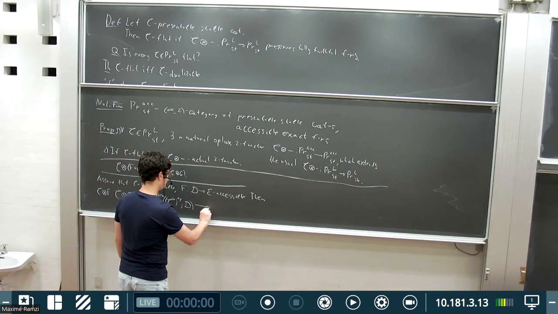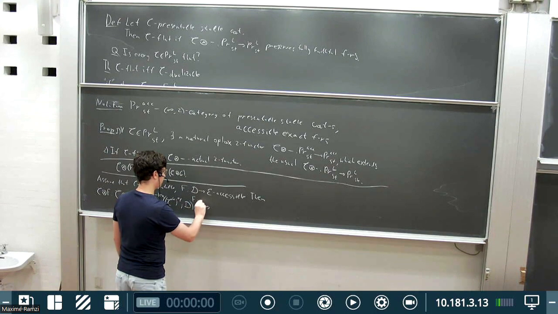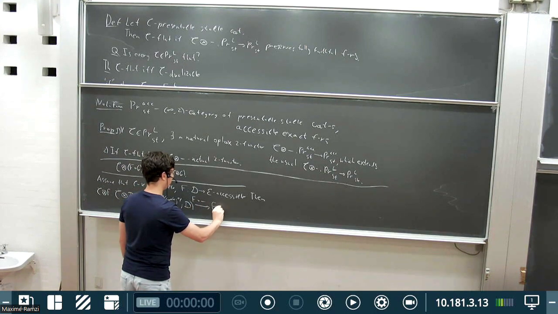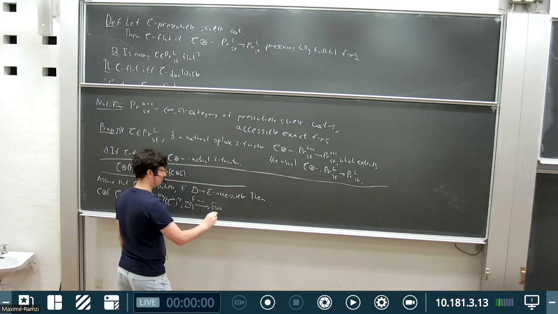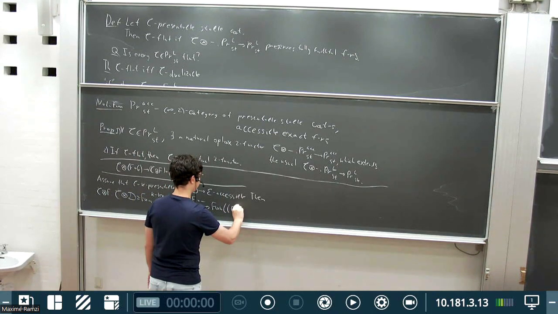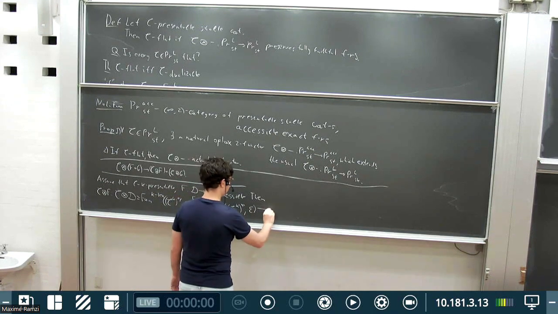And now we can compose with F, and we go to all exact functors from C kappa opposite to E. And then we apply the functor which is left adjoint to the inclusion.